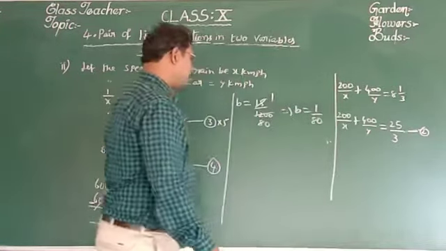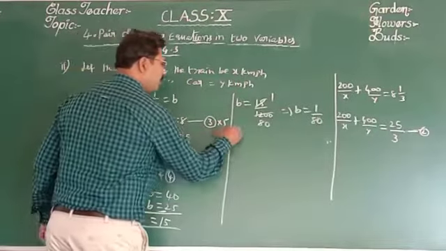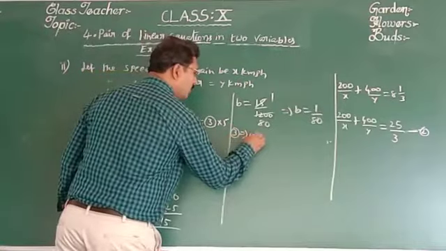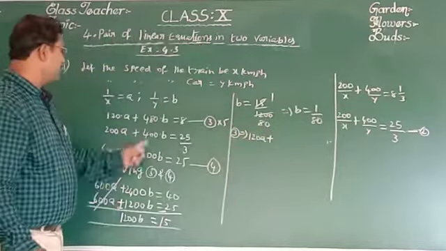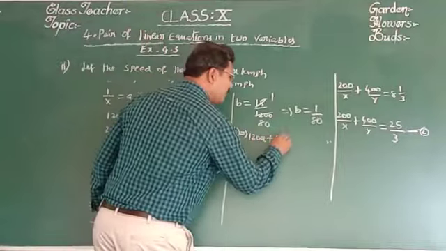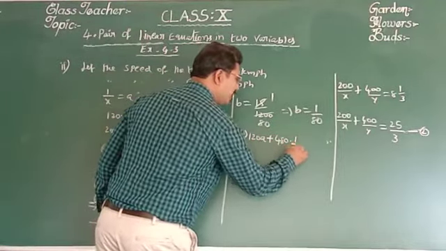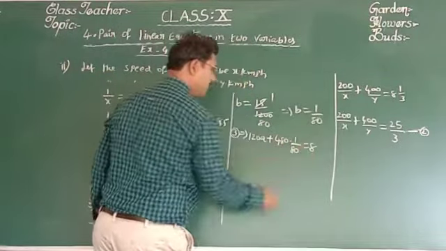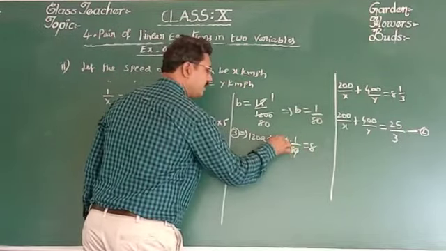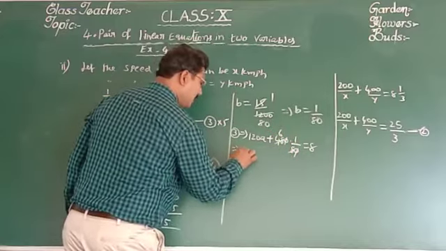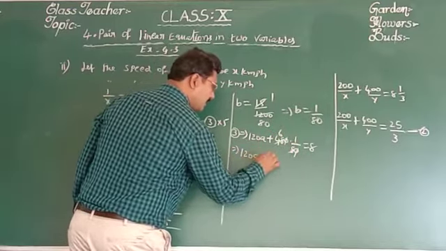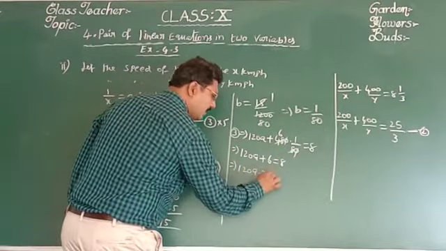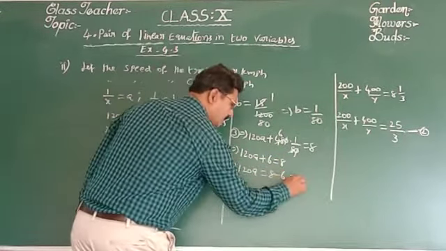Now next, substitute in equation 3. 120a plus 480b, so 480 into 1 by 80, is equal to 8. So 0 0 cancel, 8 6s are 48, that implies 120a plus 6 is equal to 8. 120a is equal to 8 minus 6, which is equal to 2.